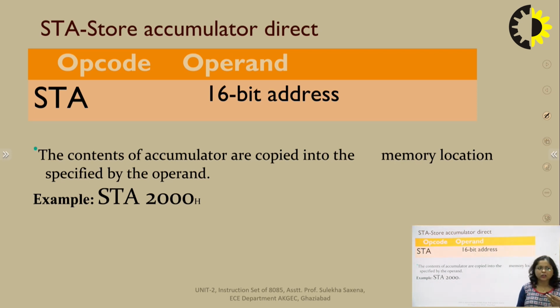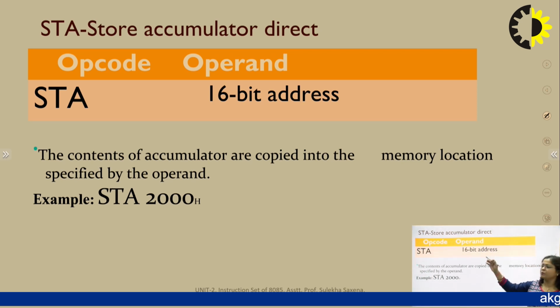Now, the opposite of LDA is STA. During LDA, the value of the address is copied to the accumulator. STA is just opposite: it copies the value of the accumulator directly to the specified address.